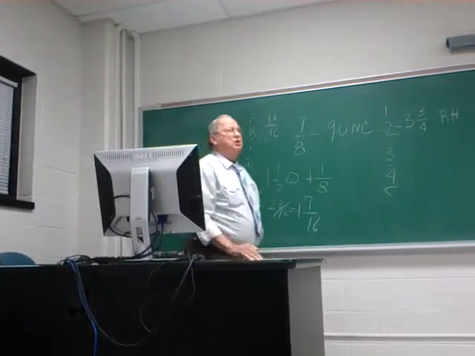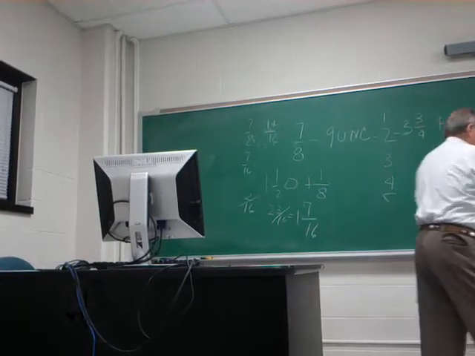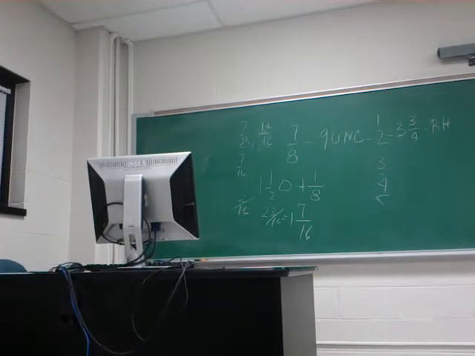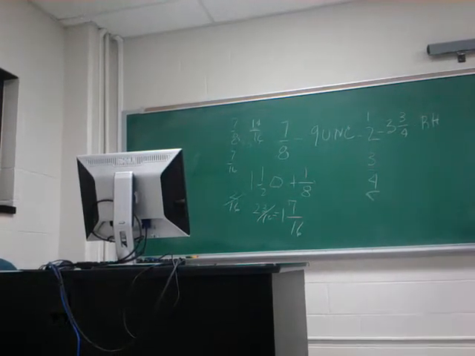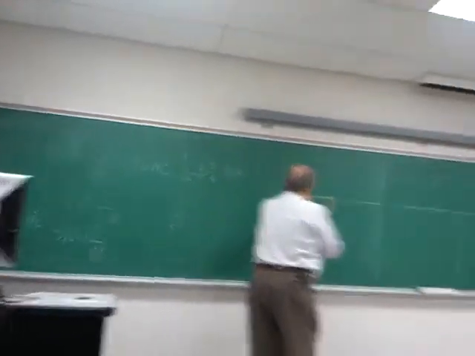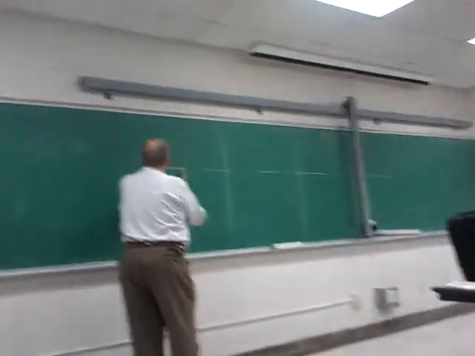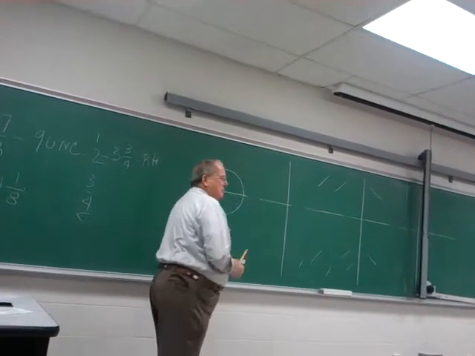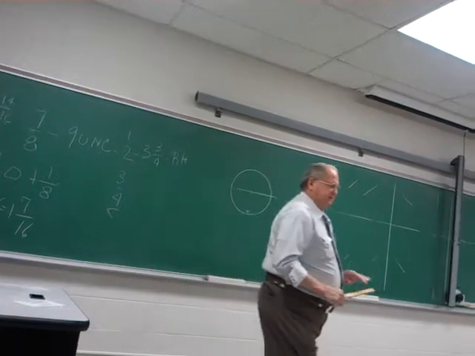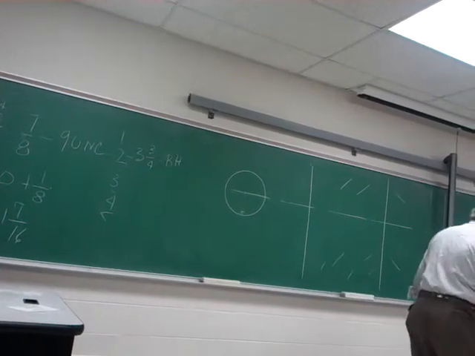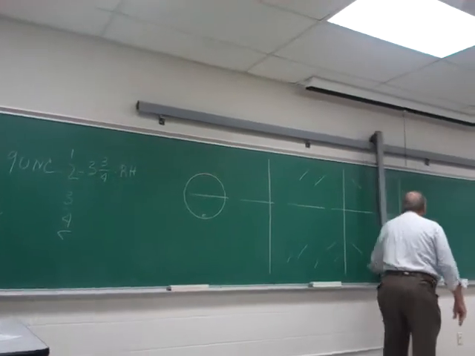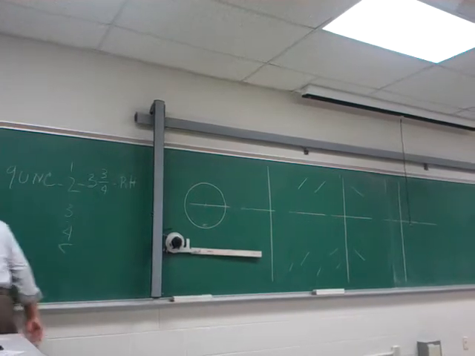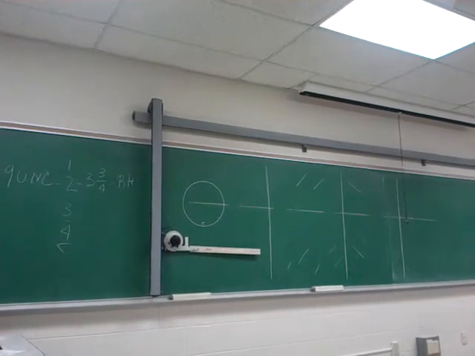That's the diameter of that circle. Okay, there's my 1 7/16 circle right there. Okay. Now the next thing, take your 45 and draw a square around it.